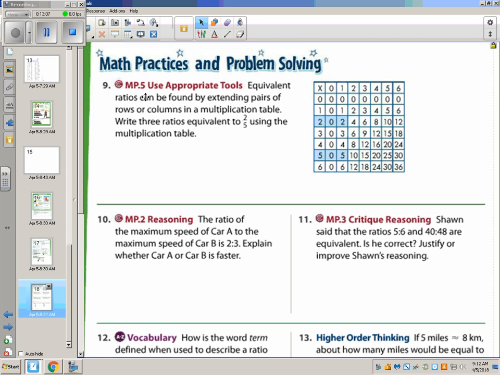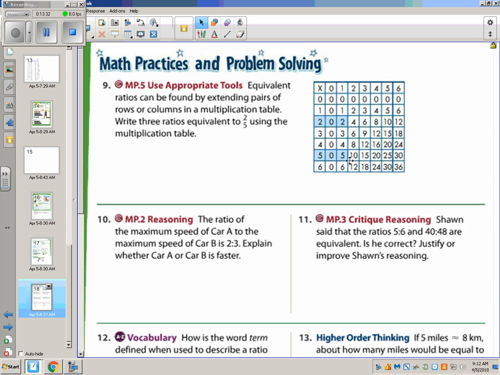Okay, on the back, we have this table, and this is a problem you will see on your Study Island. It says equivalent ratios can be found by extending pairs of rows or columns in a multiplication table. Write 3 ratios equivalent to 2/5. What they're saying is that 2 over 5 is a ratio. If I look at the next set of numbers in there, they're going to be equivalent ratios too.